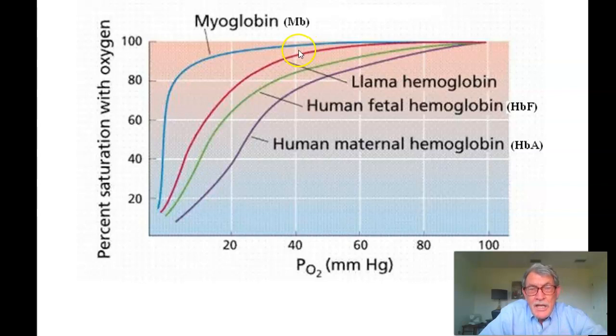So even if there's only 40 or 50 millimeters of mercury of oxygen in their high mountain area, they'll still grab it really well. And they'll let go when it gets down to the tissues. But at a much lower partial pressure of oxygen out in their atmosphere, they will have more oxygen and be able to survive up there.